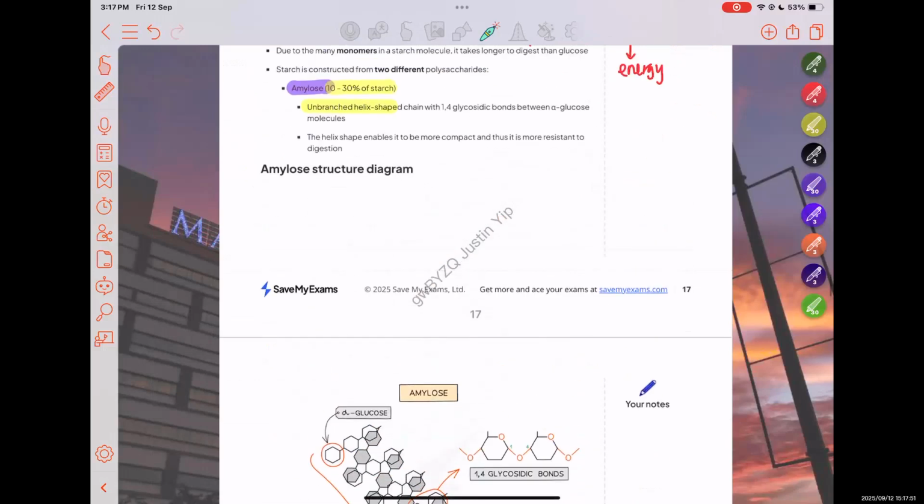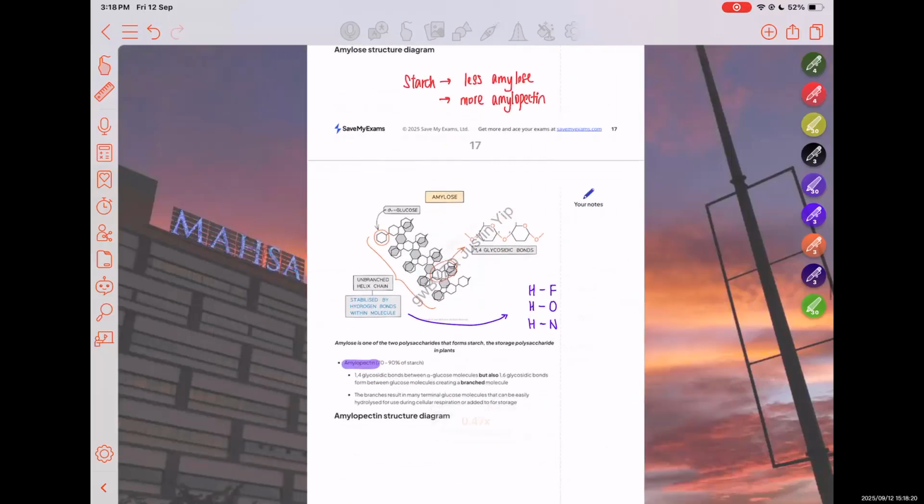In starch you will have less amylose and more amylopectin. So this is amylose.